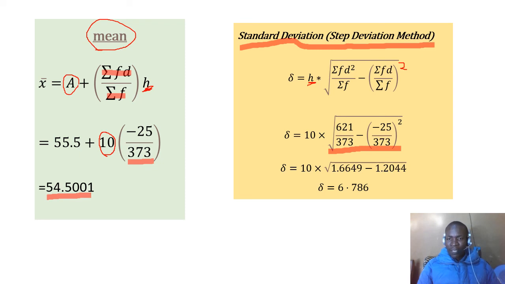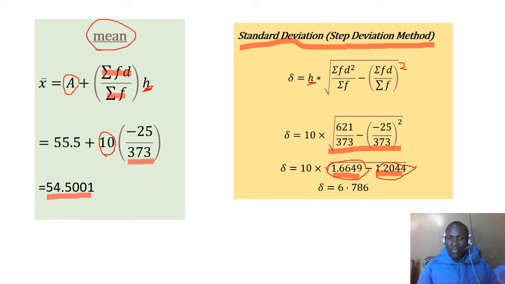So for this first part 621 over 373, this is what we got. And then for this part, after you divide and square, this is what we get. Now if you take this value here, and then subtract this other one, we'll get a value which we shall get its square root.